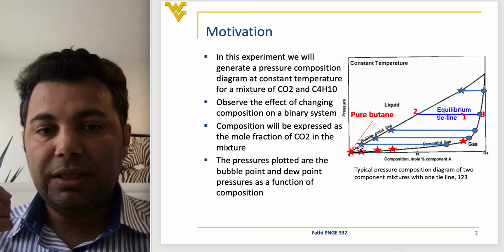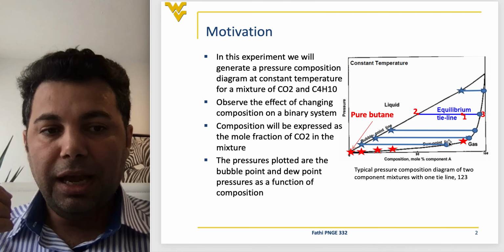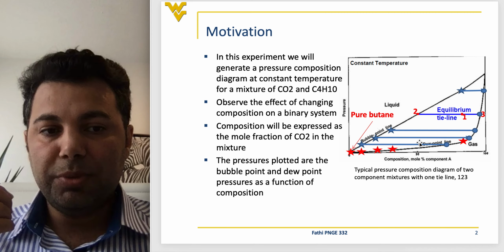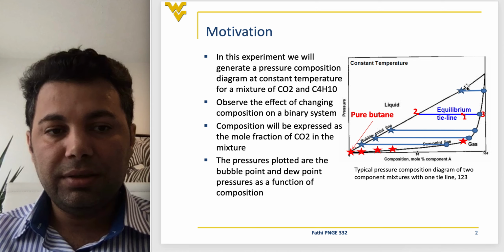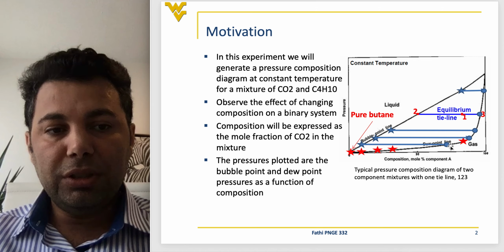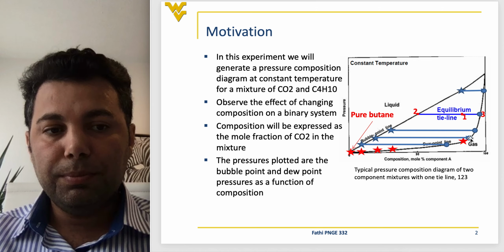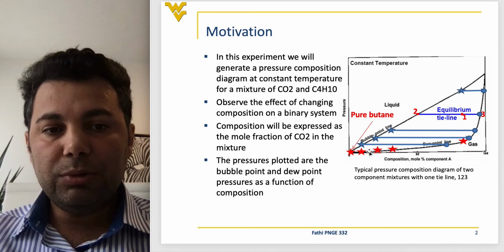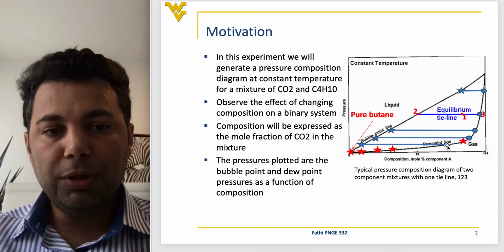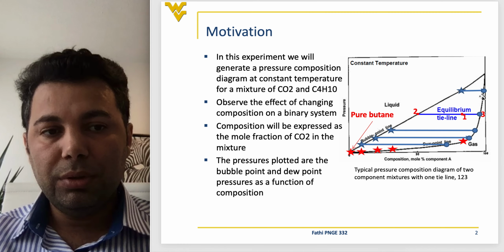So we have the composition of the liquid and of the gas at this specific pressure. We can use these two points to generate this phase envelope, because I know the small blue dots also fall on the dew point line. So instead of using the red stars to generate the dew point line, I'm going to use the blue circles to generate the dew point line.